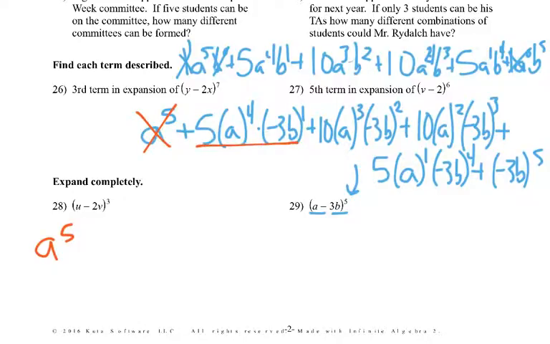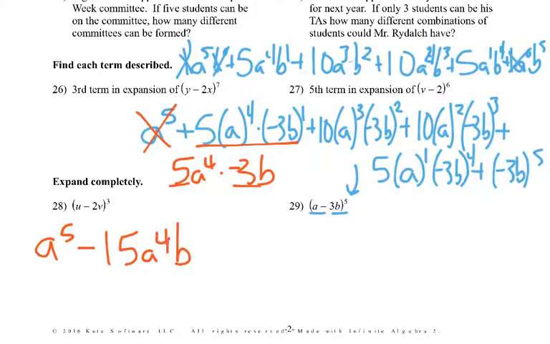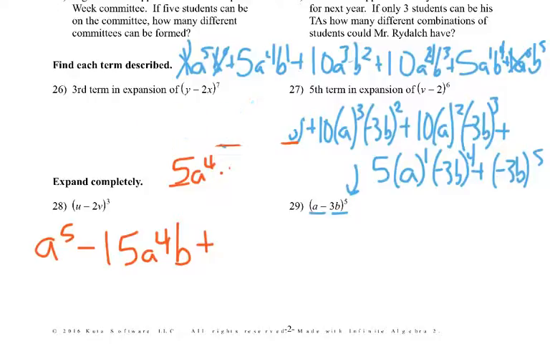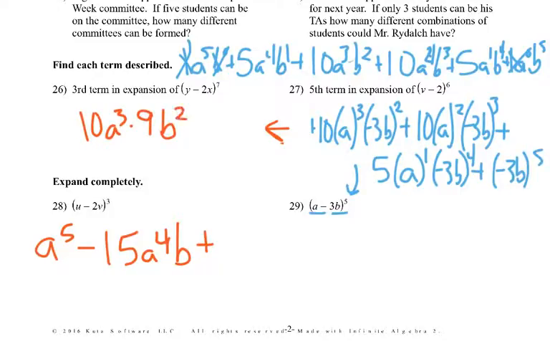This one, a to the 4th, so 5a to the 4th times negative 3b. 5 times negative 3 would be negative 15, a to the 4th b. Okay, plus we get 10. I'm going to kind of erase some things as I go. So this one would be 10a cubed times negative 3 squared would be 9b squared. 10 times 9 would give us 90a cubed b squared.